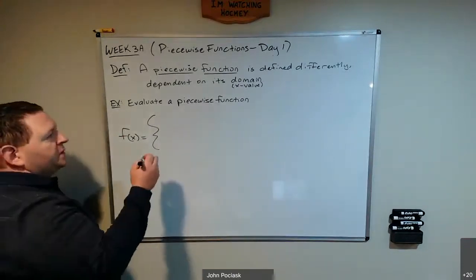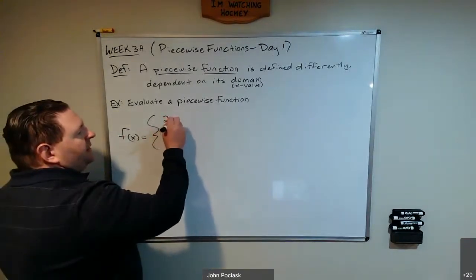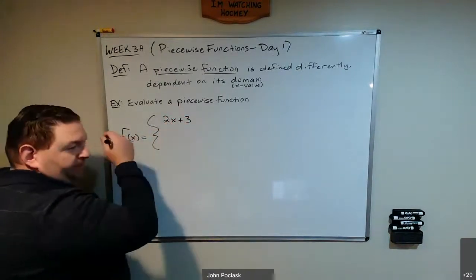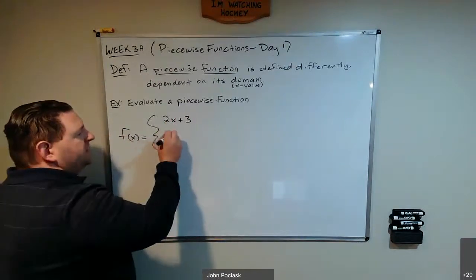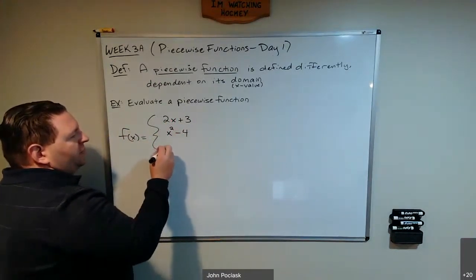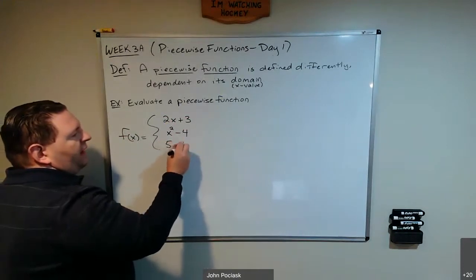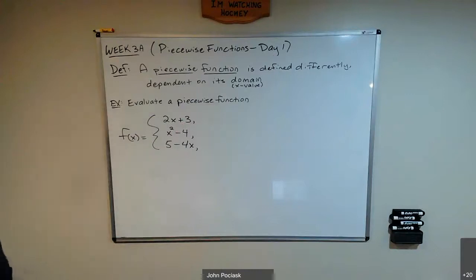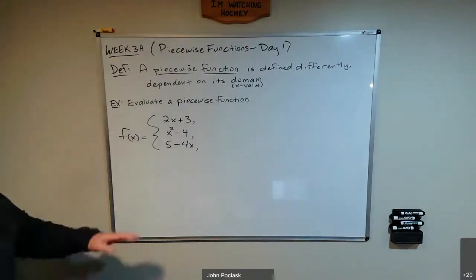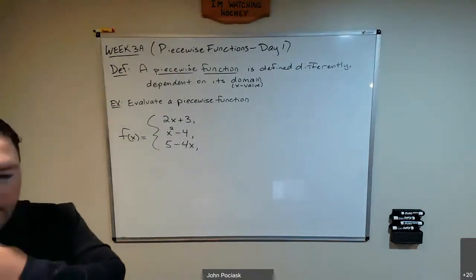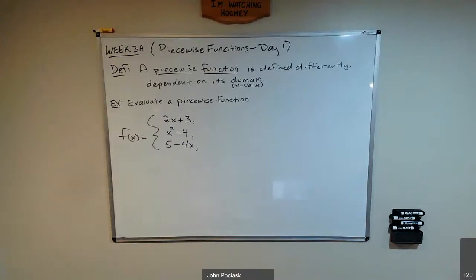And so the first line of the function, I'm going to make that 2x plus 3. Second line will be, let's say, x squared minus 4. And then we'll do 5 minus 4x as the last line. Now I'm going to put a comma after every expression because after the comma, I'm going to have the domain for that piece.